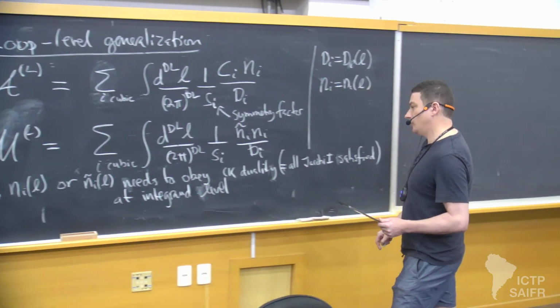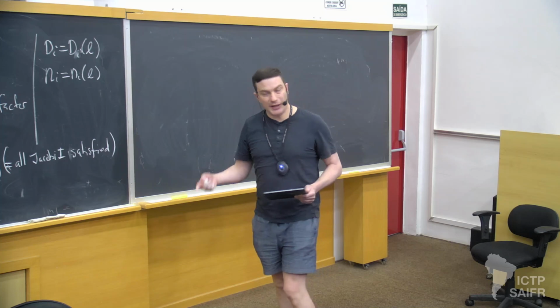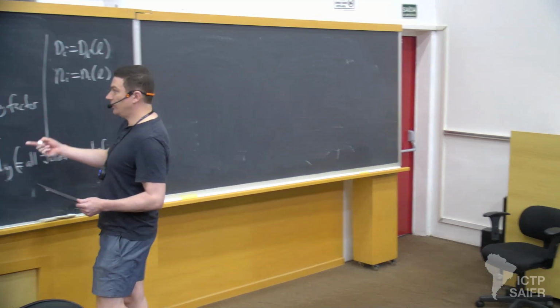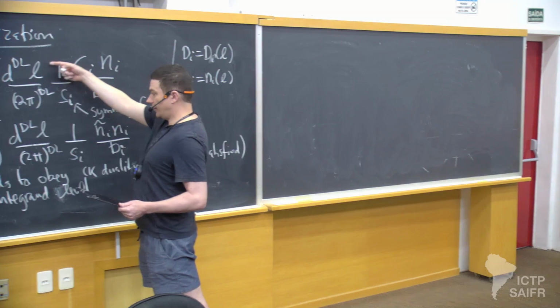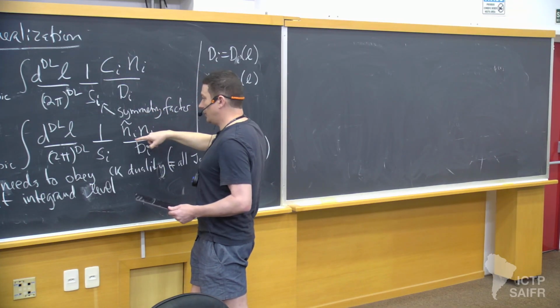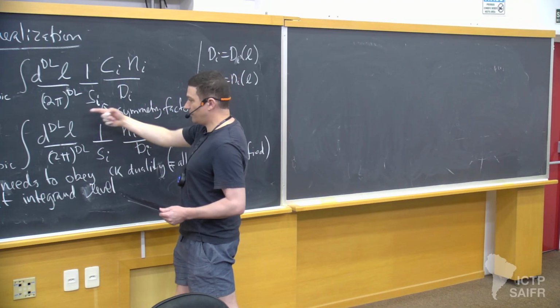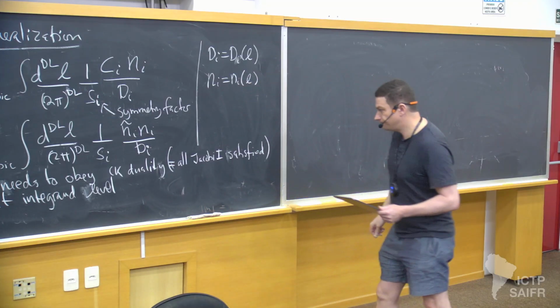You're not allowed to integrate first and then impose color-kinematics duality. You need to do it before, because this function is sitting under the integration symbol here, and you do the swap. So the swap is basically done before integration.